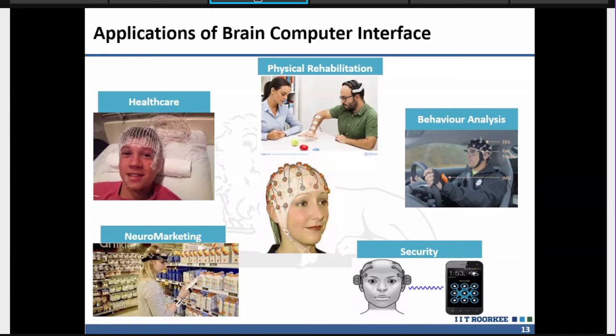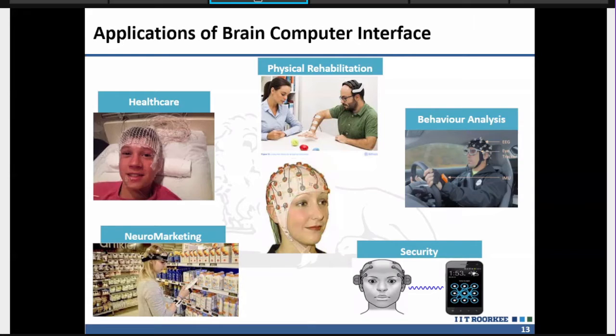In Aadhaar registration you have given fingerprints, signatures, face photos, or iris photos. These kinds of information. So similarly, can EEG or brain signals be used as security for authentication?